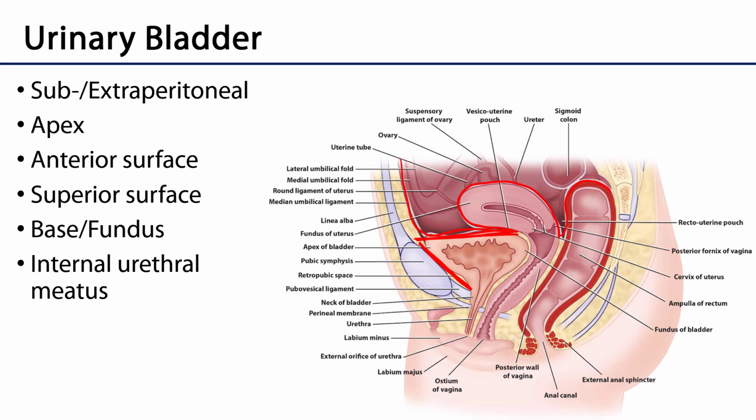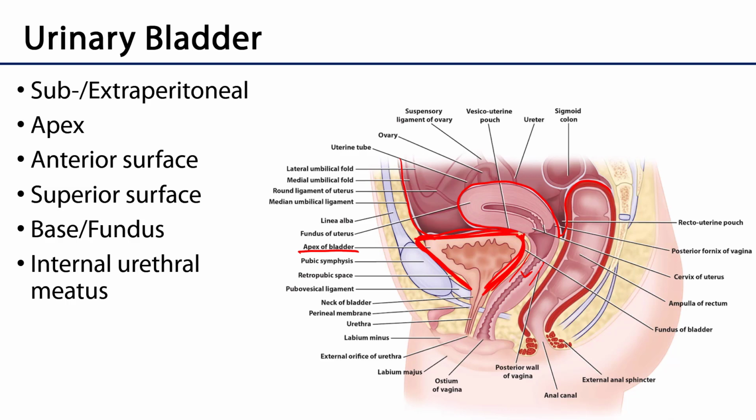And then there is a base or a fundus. That is where the ureters are going to enter. That is in close association with the vagina, if present. And then where some of these surfaces meet, where the anterior and superior surface meets, is the apex of the bladder.